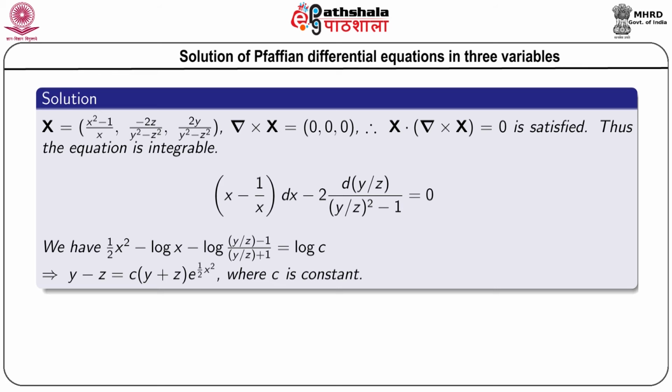Therefore, the given equation is integrable and can be written in a separable form. After integrating, we can find the integral very easily, and this is the integral of the given equation, where c is an arbitrary constant.